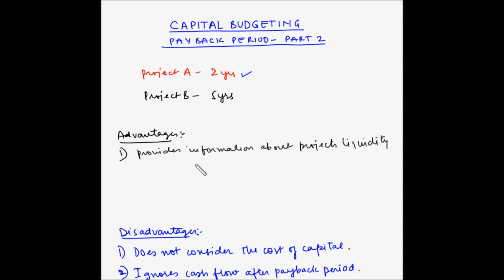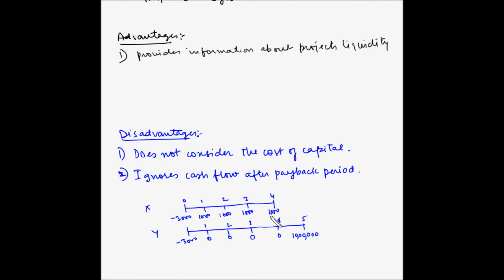Also, we know that it is more and more riskier to forecast the expected cash flows for a distant future as compared to the near-term cash flows. Basically, if we consider this example, the cash flow closer to today's date can be predicted with much more certainty than the cash flows much further away from today's date.